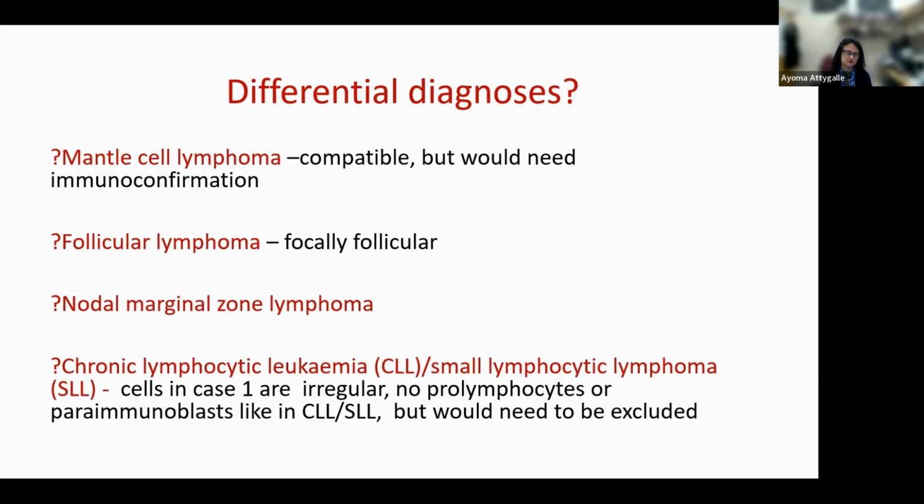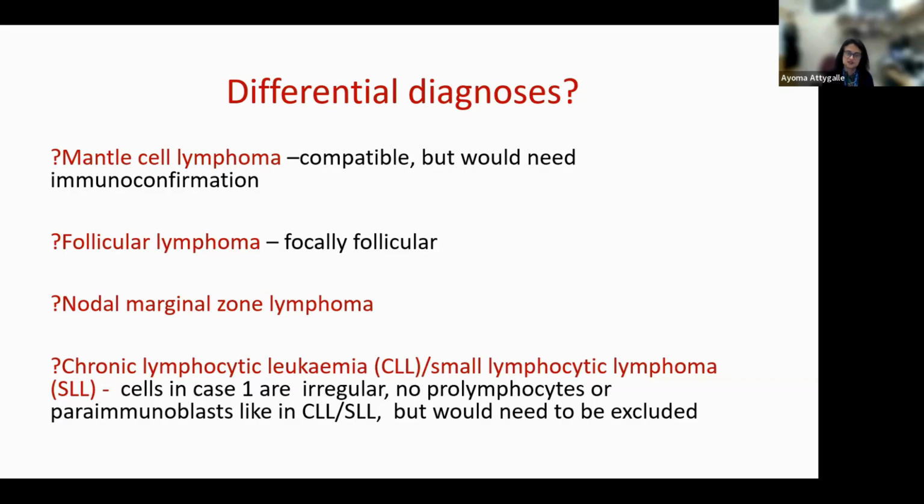Mantle cell lymphoma should typically consist of a uniform population of small to medium-sized cells with indented or fish mouth type nuclei. They are not admixed with centroblasts, so they are a uniform population of cells, but they tend to have admixed histiocytes without nuclear debris. Morphologically, this would be really compatible, but it would need immunoconfirmation. You should never make the diagnosis of mantle cell lymphoma without immunohistochemical confirmation.